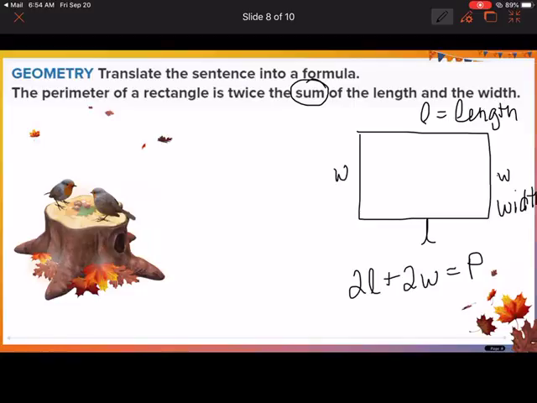So twice the sum, 2 times the sum. That means I take the sum first. That's why I have to have the parentheses of the length plus width equals perimeter.